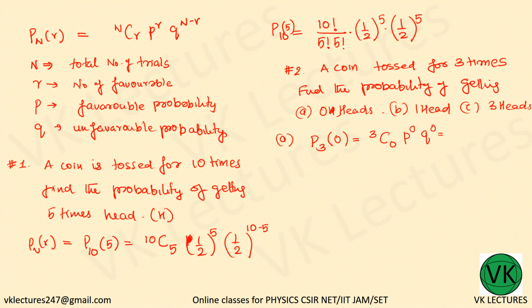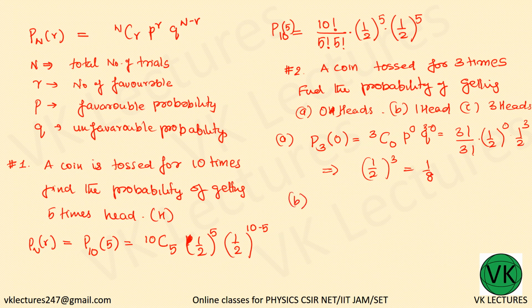So that's equal to 3 factorial by 3 factorial into 1 by 2 to the power 0 into 1 by 2 to the power 3. That is 1 by 2 to the power 3, because 3 factorial by 3 factorial is 1, and 1 by 2 to the power 0 is again 1. So that's equal to 1 by 8.